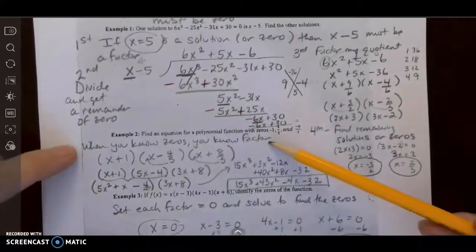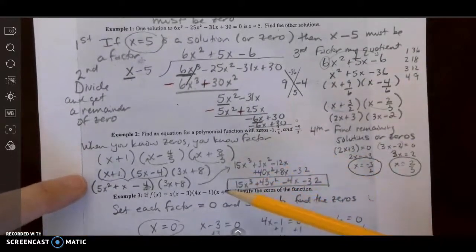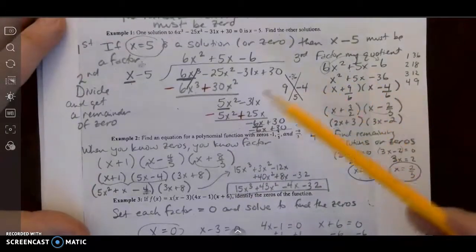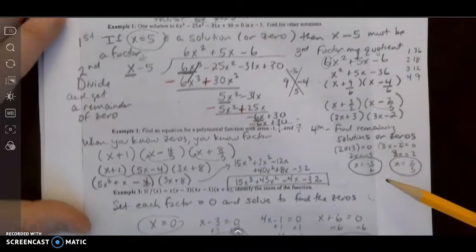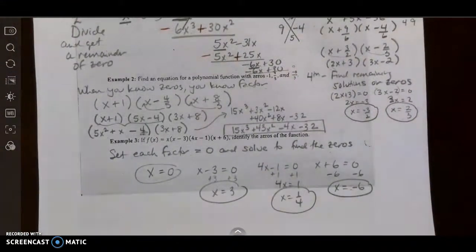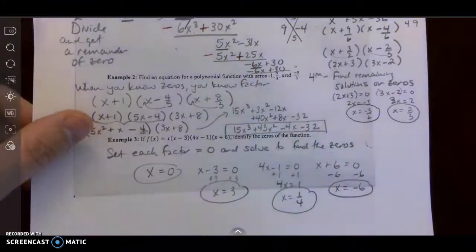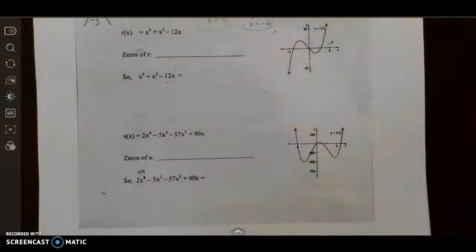Again, from my zeros, I found my factors and could multiply to get my polynomial. And up here, I did a little bit of everything. So on the lesson master, you're going to be doing exactly what we've done here. So let's look at the lesson master next.